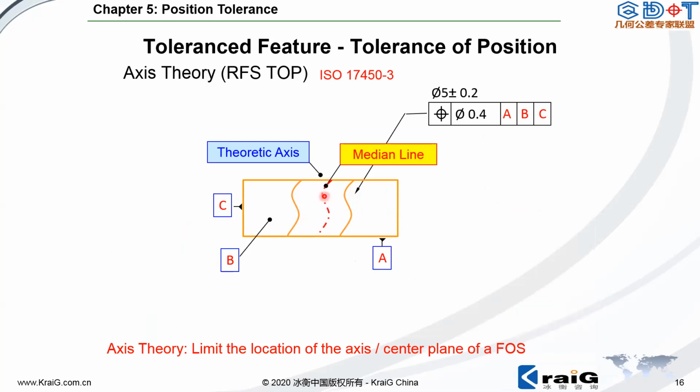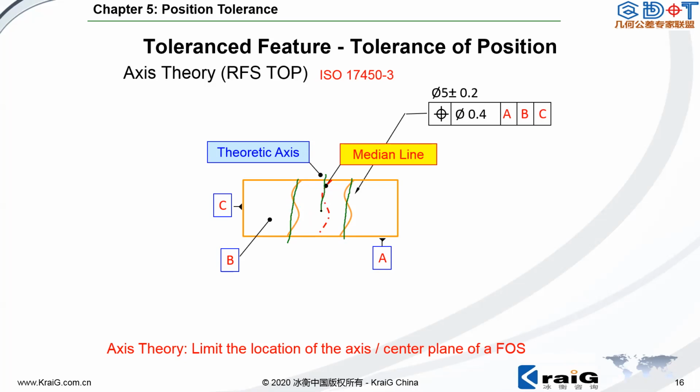The medium line is actually deformed as well, or we could understand that first we need to construct a perfect line here. We can just imagine that it's a little complicated according to ISO GPS, but we can experiment a little bit here. First, you construct a cylinder here with the least squares method, and then you get the initial axis.